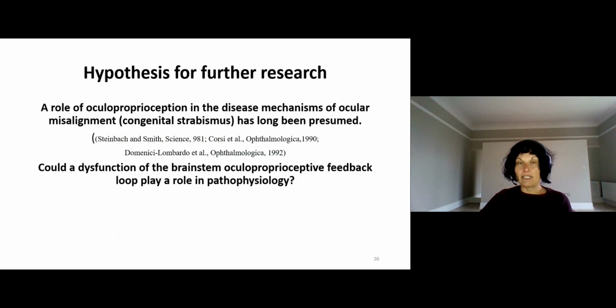Based on these findings and taking into consideration hypotheses that have long proposed that ocular proprioception plays a role in ocular misalignment as observed in congenital strabismus, one could ask whether a dysfunction of the brainstem ocular proprioceptive feedback loop may play a role in the pathophysiology.